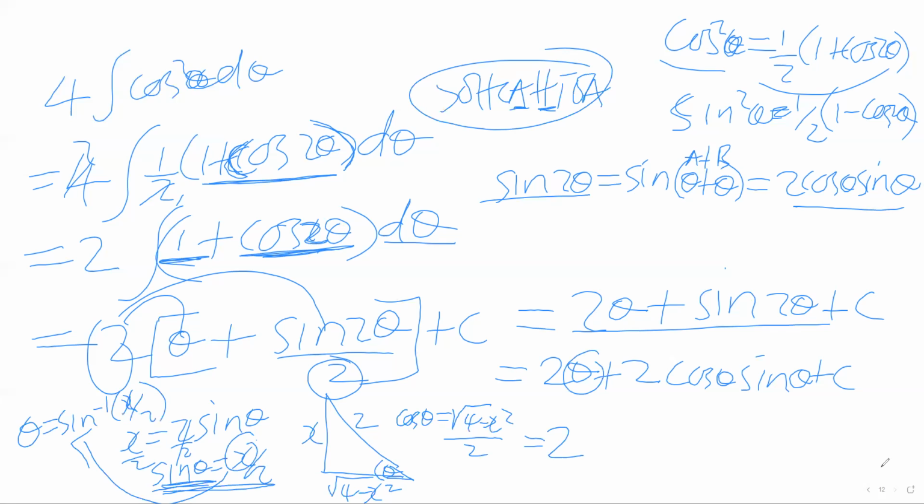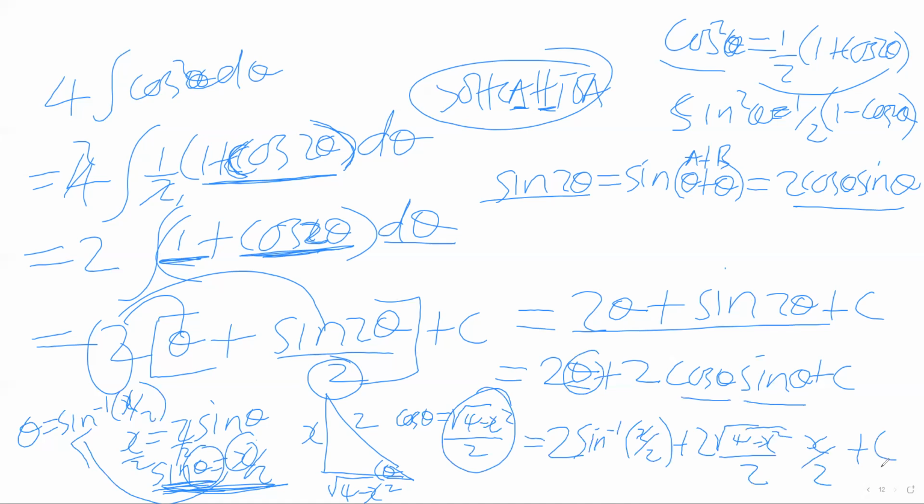From here, that's how you find the angle theta. So this theta will be sine inverse of x over 2 plus 2. What is cos theta? We said it is root 4 minus x squared over 2. What is sine theta? It's x over 2.